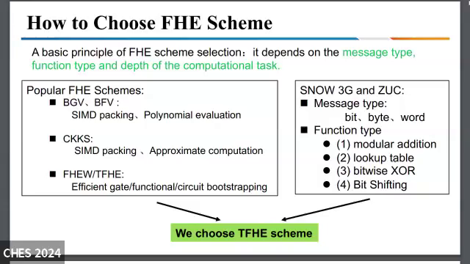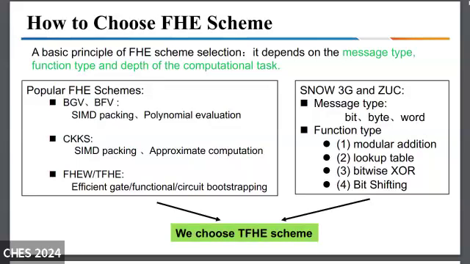And TFHE-like ciphers support efficient gate bootstrapping or functional bootstrapping or circuit bootstrapping. And as we can see, in SNOW-V and ZUC, the message type is bit, byte, word, and the function types we have are modular addition, lookup table, bitwise XOR, bit shifting.